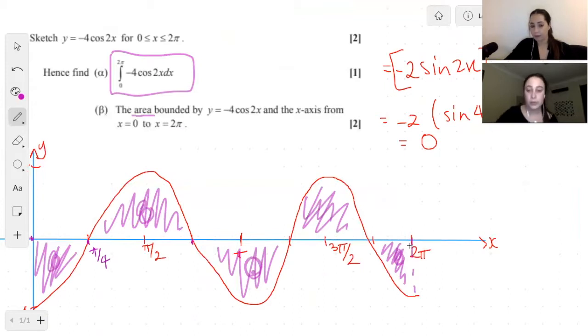I was going to do 3 pi on 4 to pi on 4 times 2 to make up for the other hill. Yeah, this one here. And then 5 pi on 4 to that one, and then double that as well.